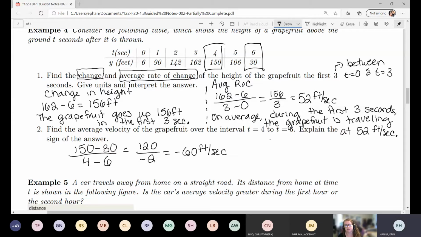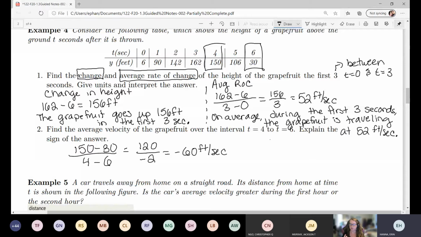Okay, now it wants us to talk about the sign of the answer. Well, what could negative mean in this context? Whenever you're talking about velocity, if you've taken a physics course, you would have seen this a lot. When we're talking about things going in different directions, we need to be able to tell whether it's going in one direction versus the other. So whenever we have a negative velocity, we're going to assume that to be traveling downwards.